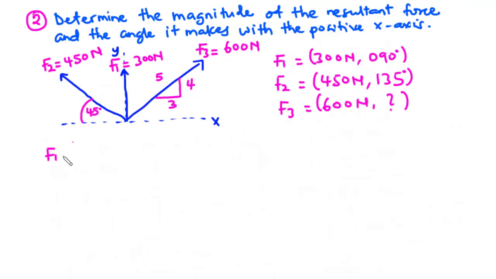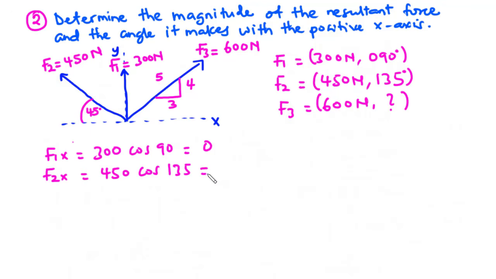F1x is going to be 300 cos 90, and that is equal to 0. Now F2x is equal to 450 cos 135, and that is equal to negative 318.2 newtons.